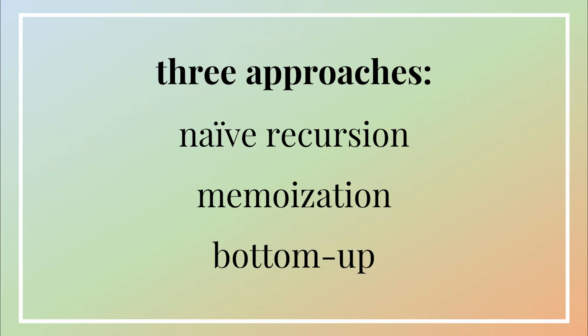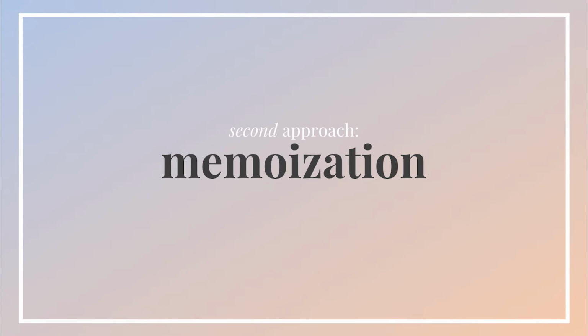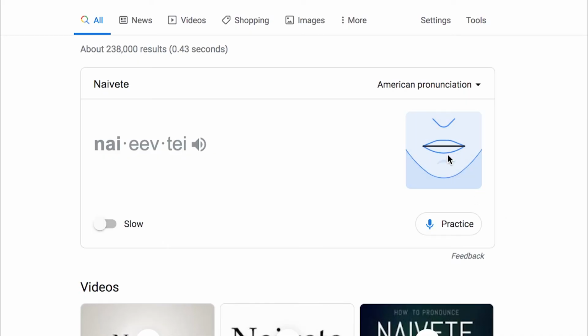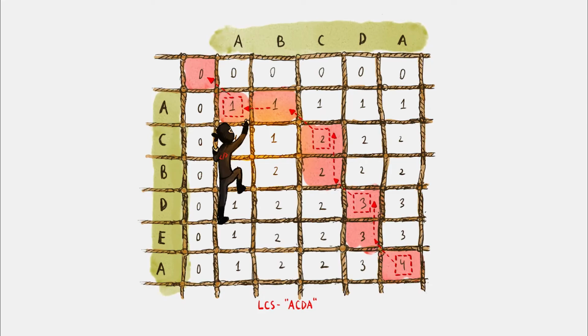So let's take a look at the other 2 approaches then, known as the top-down and bottom-up approaches. The top-down, or memoization approach, eliminates the naivete of the first approach by keeping track of subproblem solutions you've already calculated as you go through the recursion.